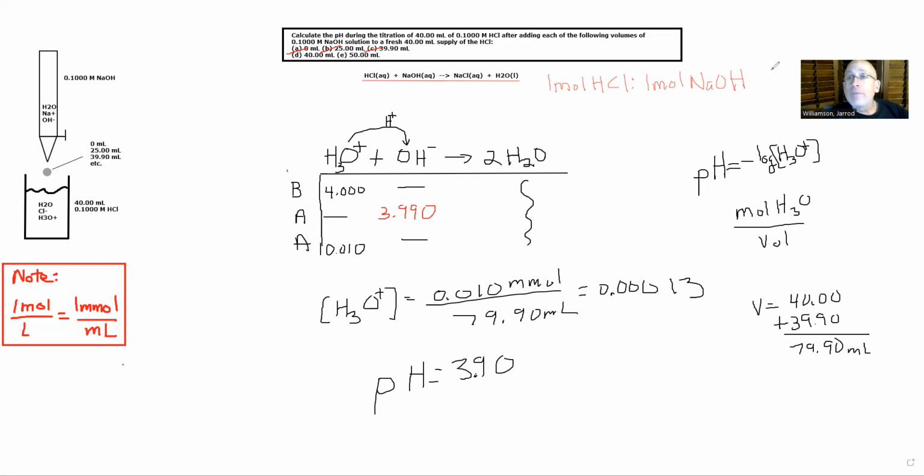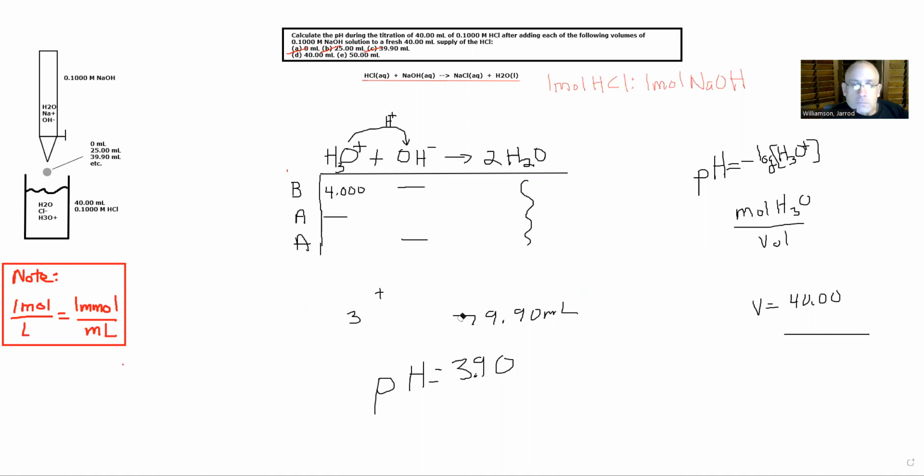Part B, 40 mils. Gonna do a little bit of thinking on this one, actually. Okay. 40 mils. So erase this, erase that. Okay. So if I add 40 mils, I started with a fresh batch of 40 mils. So when I'm done, I got 80 mils.